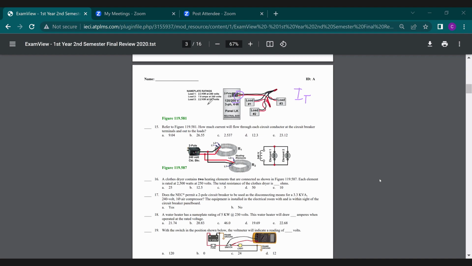What I want to do is find the resistance of each of these, get my parallel resistance. I know it's parallel because it's a color-to-color connection. It's a color-to-color type connection, so I know that these are in parallel with each other. So finding the resistance of each load 1, load 2, and load 3.